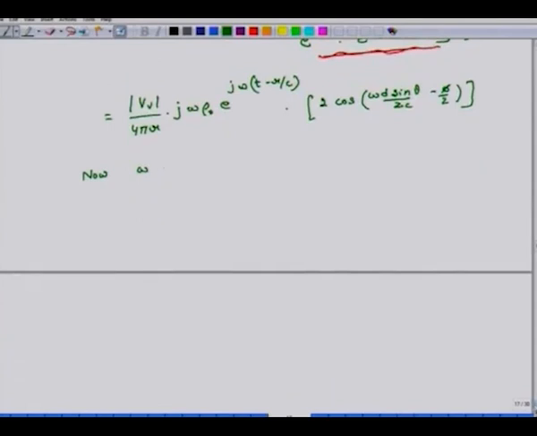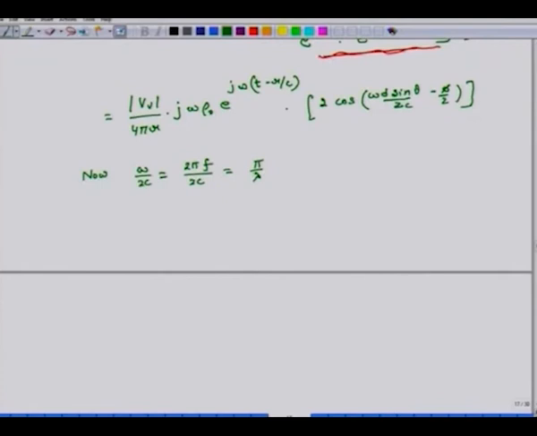So now, omega over 2 c equals 2 pi f over 2 c, which equals pi over lambda.